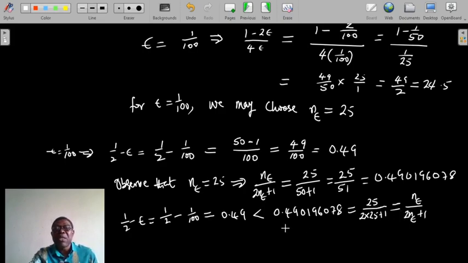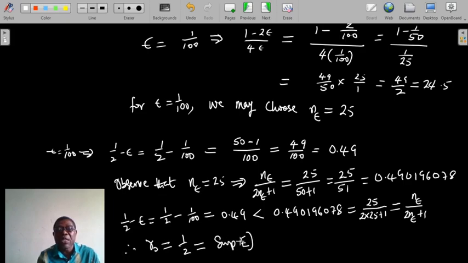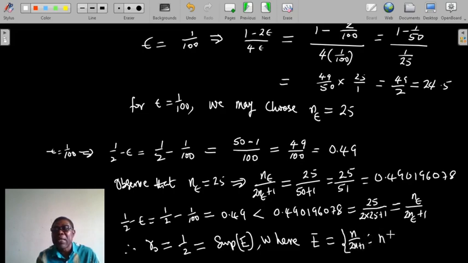So what this means is, therefore, we can now conclude that gamma naught equals half is equal to the supremum of the set E, where E is nothing but the set n over 2n plus 1, so that n is in the set of natural numbers.